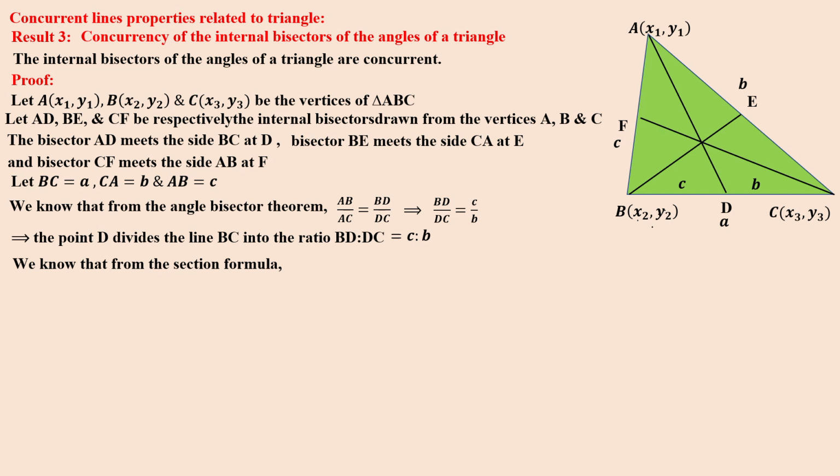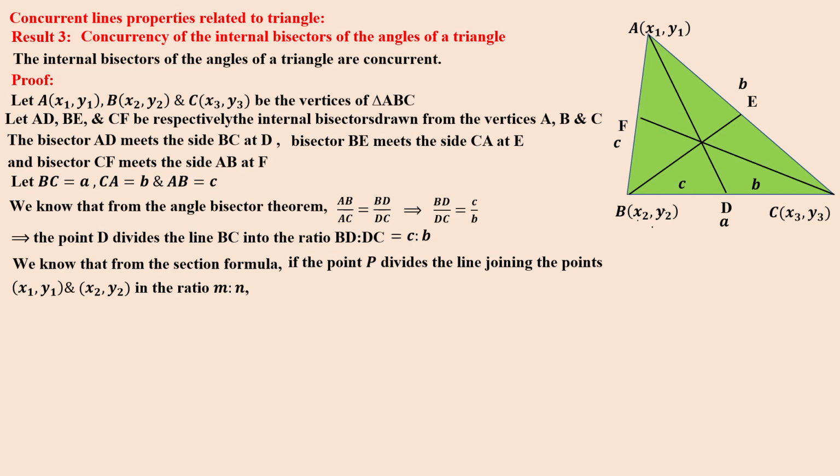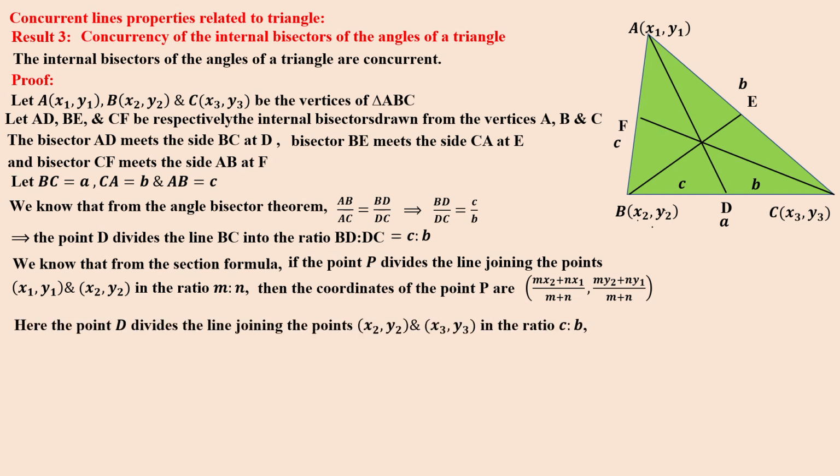We know from the section formula, if the point P divides the line joining the points (x1, y1) and (x2, y2) in the ratio m is to n, then the coordinates of the point P are given by (mx2 plus nx1 by m plus n, my2 plus ny1 by m plus n). Here D divides the line joining the points B(x2, y2) and C(x3, y3) in the ratio c is to b.